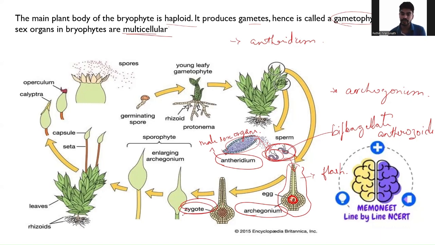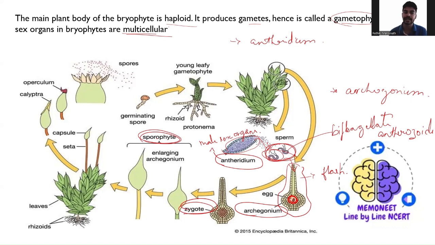Immediately, the zygote will not undergo the reduction division. Instead, it is going to produce a multicellular body called the sporophyte. After the sporophyte formation, the sporophyte is non-free living.